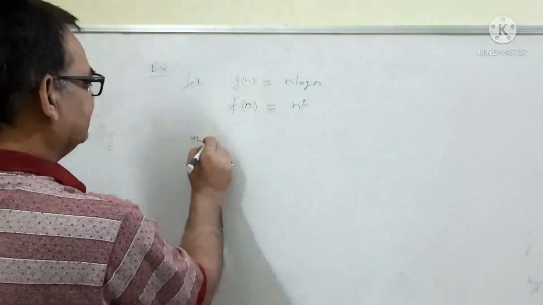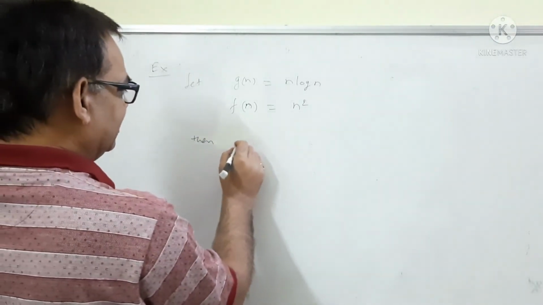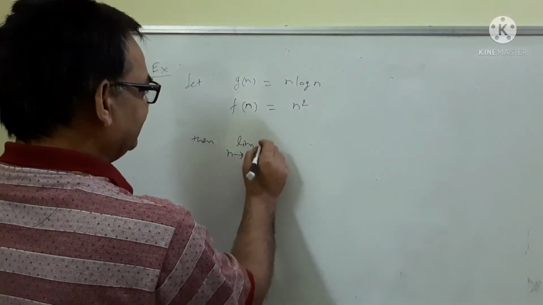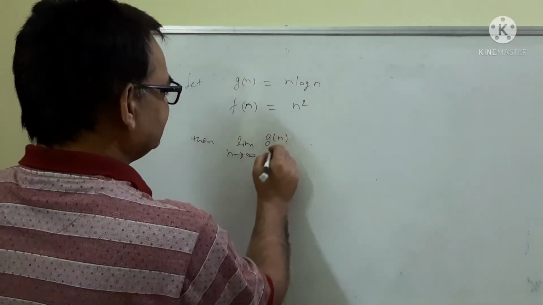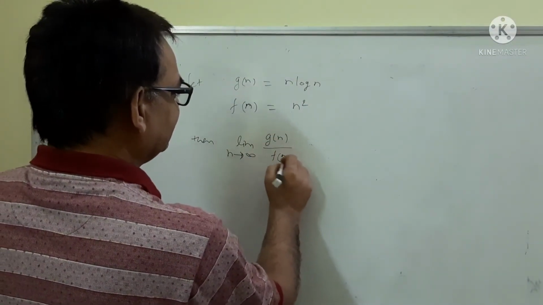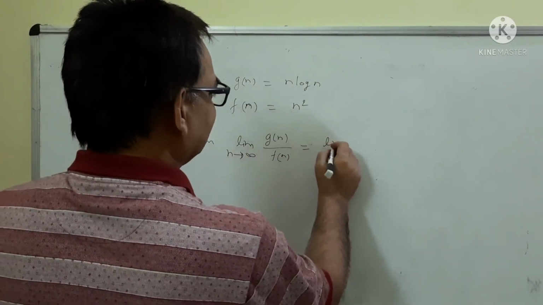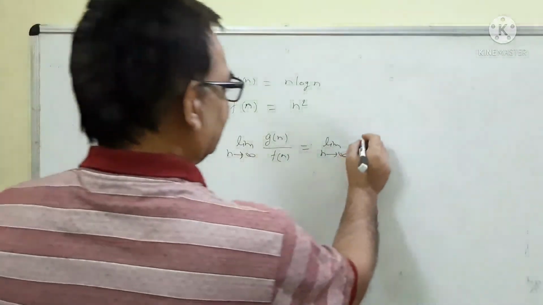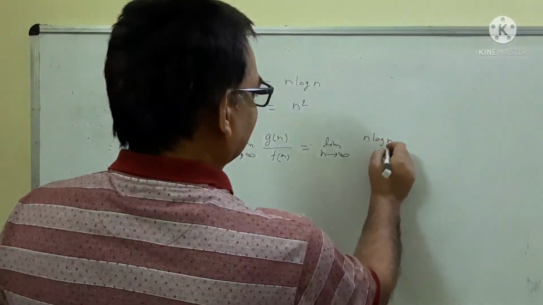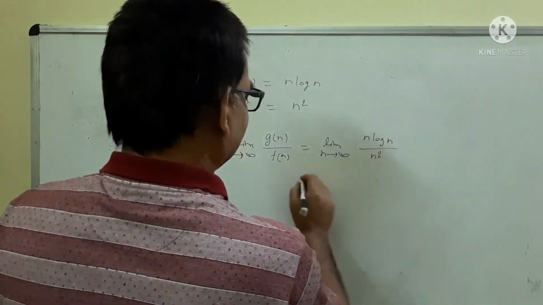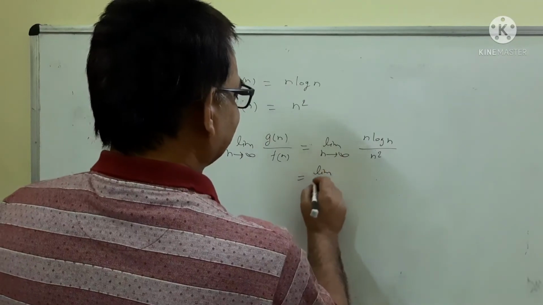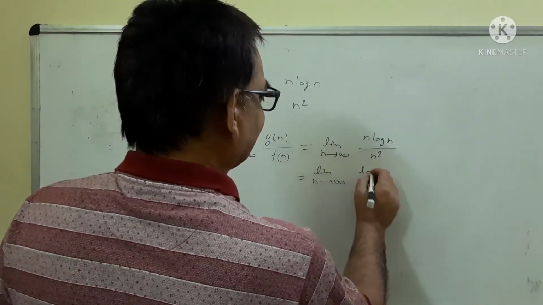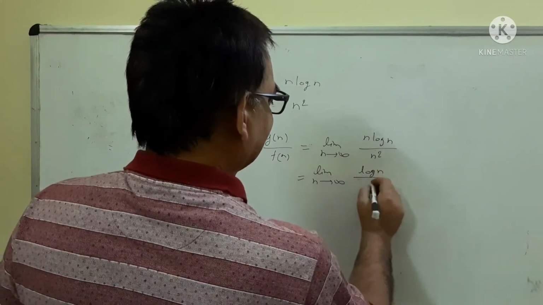Then limit n tends to infinity g(n) upon f(n) is equal to limit n tends to infinity n log n upon n square, which is limit n tends to infinity log n upon n.